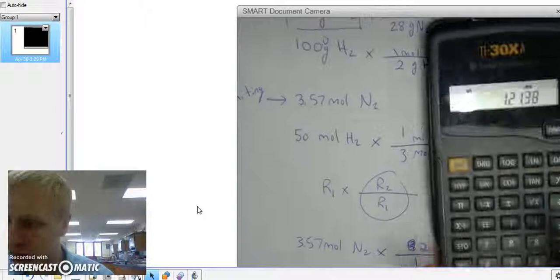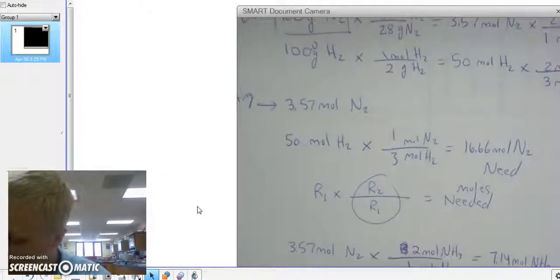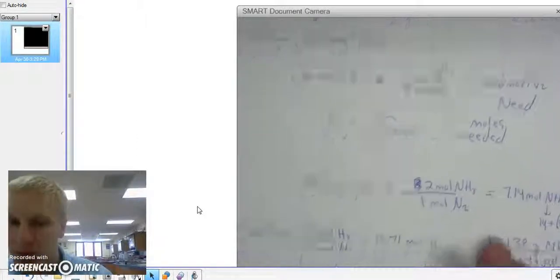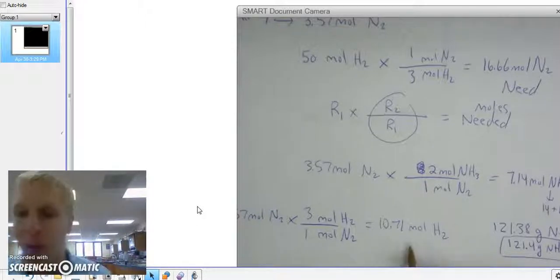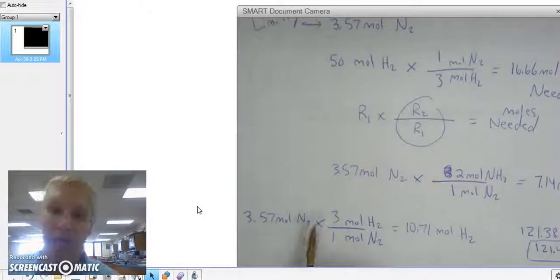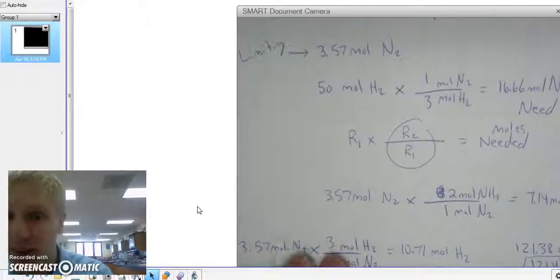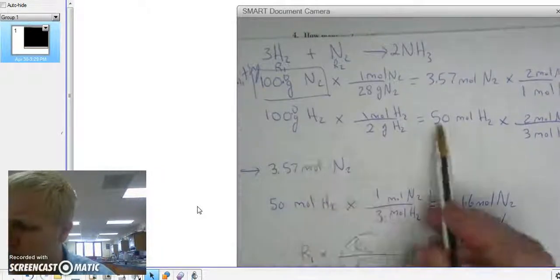So I'm going to take my calculator that I bring to my chemistry class every single day. 3.57 times 3 divided by 1 is 10.71. Alright, so 10.71 moles of H2 is how much excess reactant is used up, providing that 3.57 moles of N2 is totally consumed, which it is because it's the limiting reactant. Going back, I had 100 grams of H2 that I converted to 50 moles.